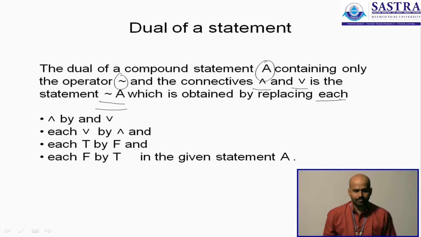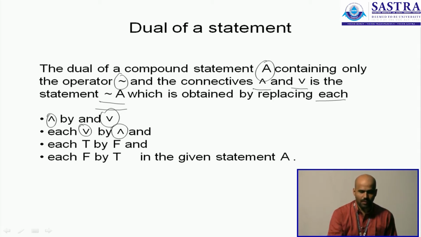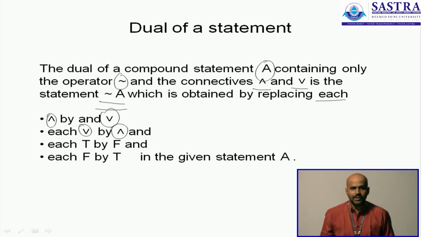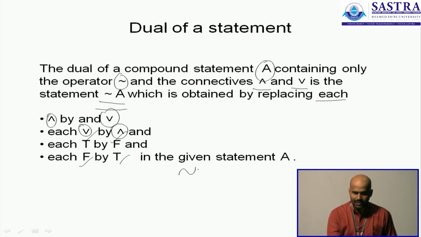Number one, you replace every conjunction by a disjunction, and vice versa. You replace every disjunction by a conjunction. And if there are absolutely true statements symbolized by T and absolutely false statements symbolized by F, you flip them around. Every T becomes an F, every F becomes a T. Once you perform all of these four simple operations on the given A, you have its tilde A.